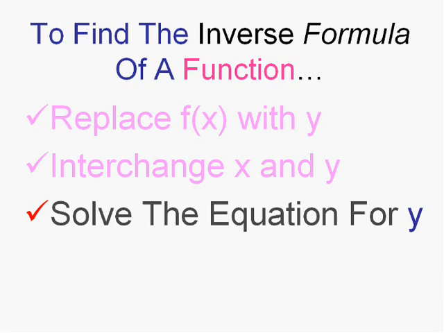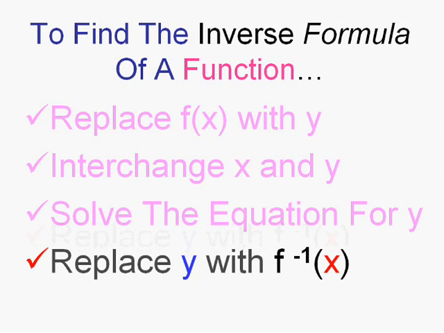We're going to solve for y. Once we've gotten y by itself, we're going to replace that y with the notation for f inverse of x, and that's written f minus 1 of x. It doesn't mean to the negative 1 power. It means the inverse function of x.